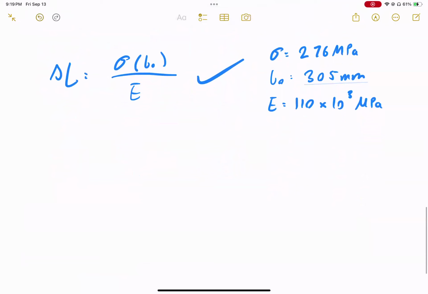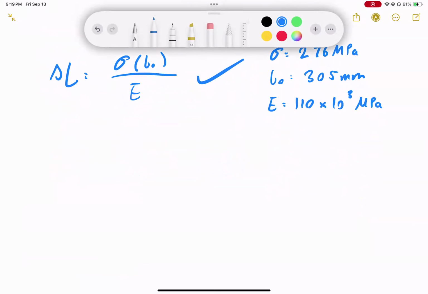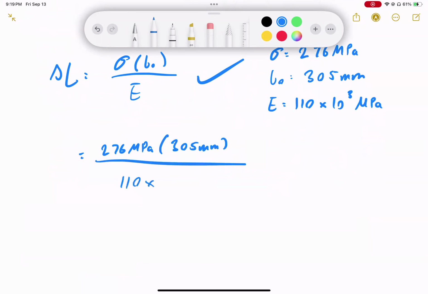And I'll show you why by actually using these numbers. If I plug in these values, we have 276 megapascals multiplied by 305 millimeters divided by 110 times 10 to the third megapascals. Look at the units, and I'll do this in green.